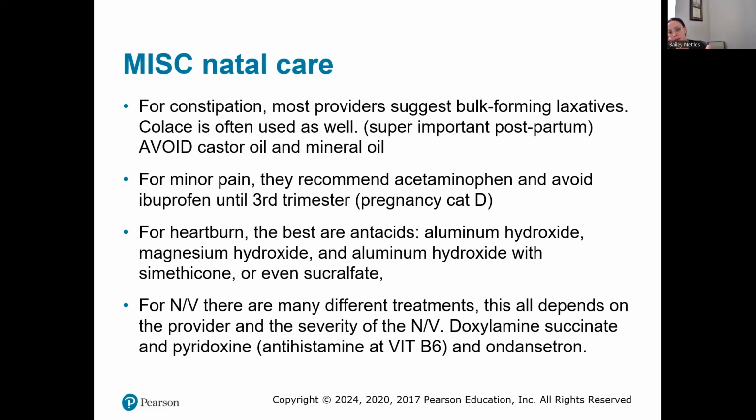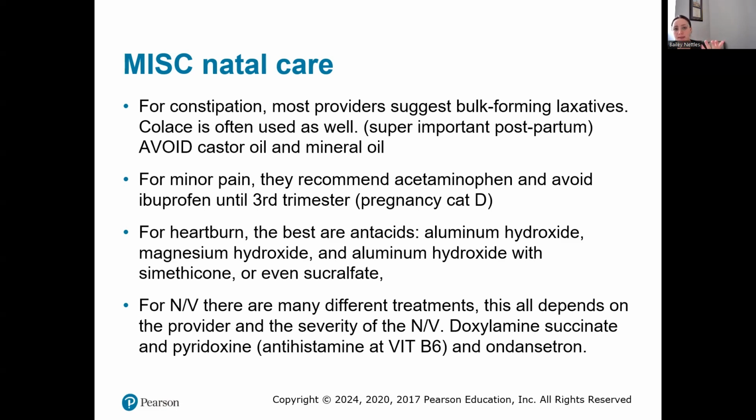For nausea and vomiting, everyone's different, provider-wise. I've had some people say that you can take Phenergan. Some people said that you can take Zofran. I know that they're both not in a good category. So there's not a lot of medications you can take for nausea and vomiting. So it's provider specific, patient specific.